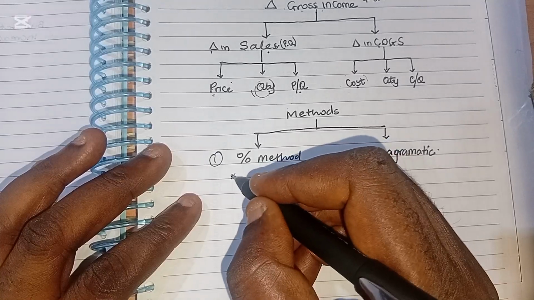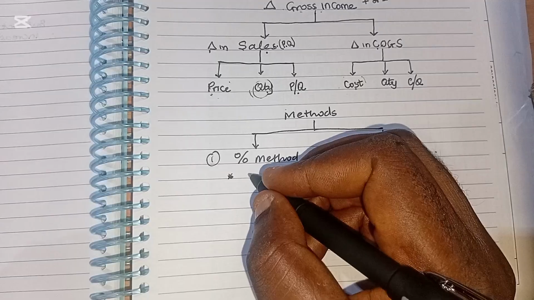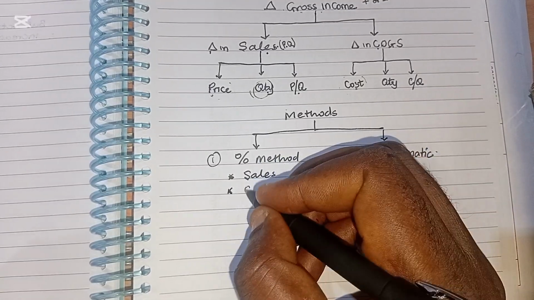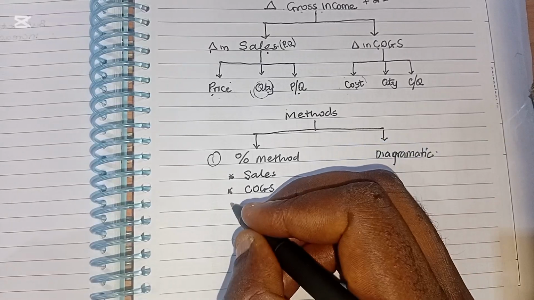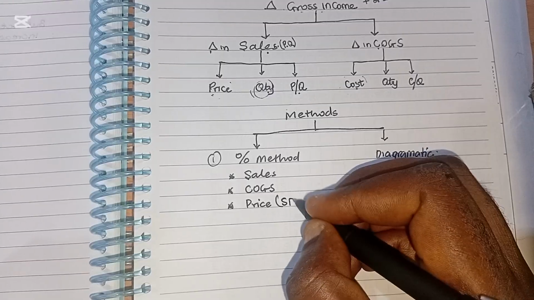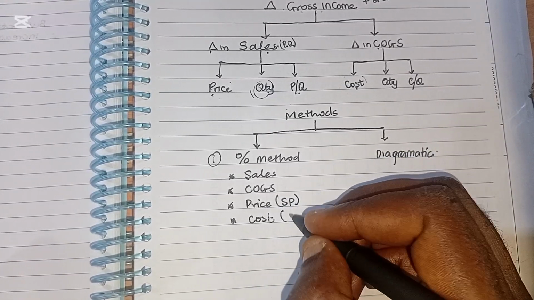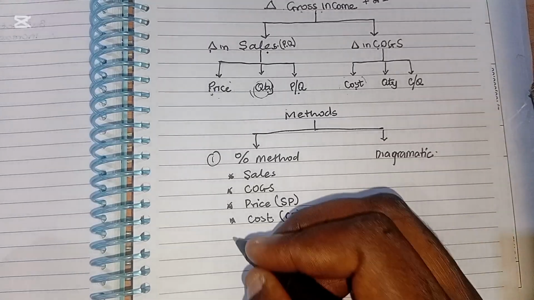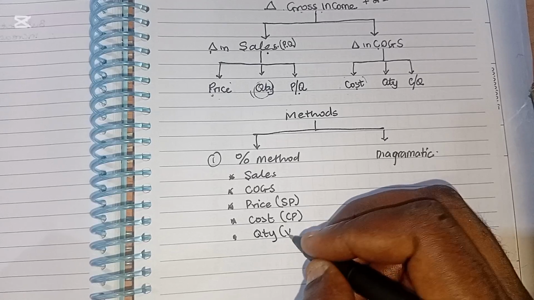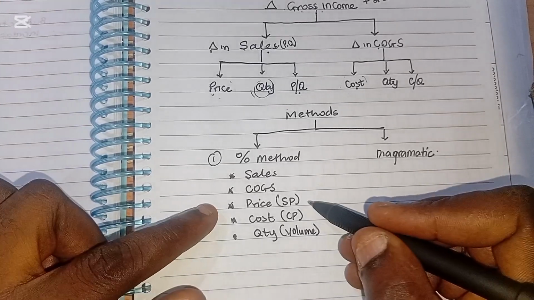Under this percentage method, five things are paramount. You must know the sales, the cost of goods sold, the price, that's the selling price, the cost, what I call the cost price, and lastly the volume, that's the quantity. We call these factors.